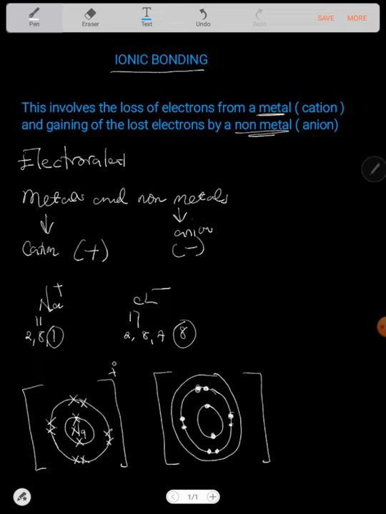So I'll show an arrow that there's a transfer of an electron from sodium to this chlorine. It's going to have this, like this, and that's the one that has been gained from sodium. And that's how we can represent that.